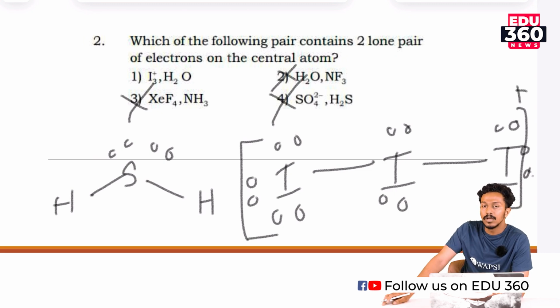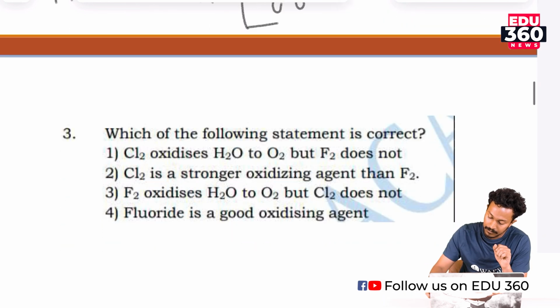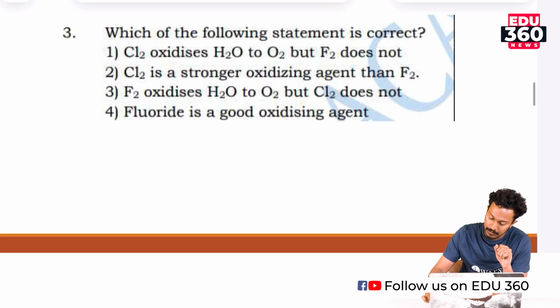As you could see, it only contains two lone pairs on the central atom. So, the option for question 2 is 1, I3 plus and water. Let us move on to the next question.